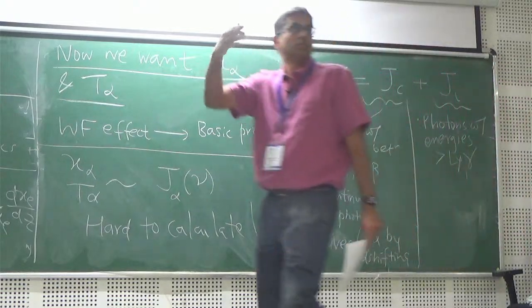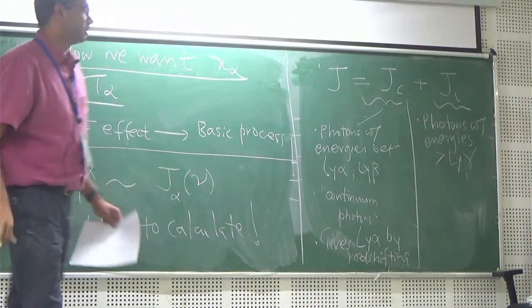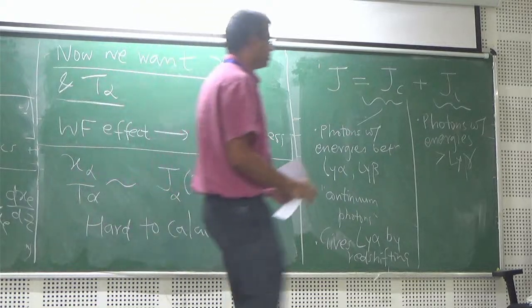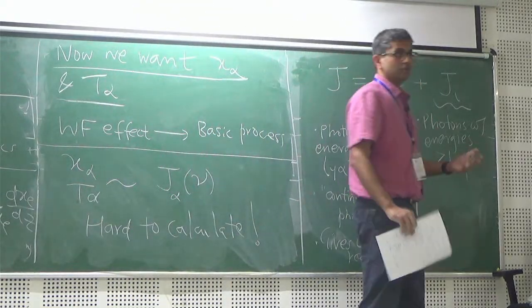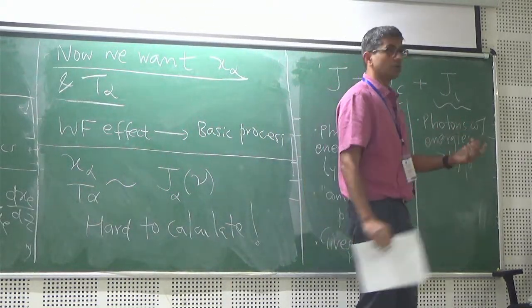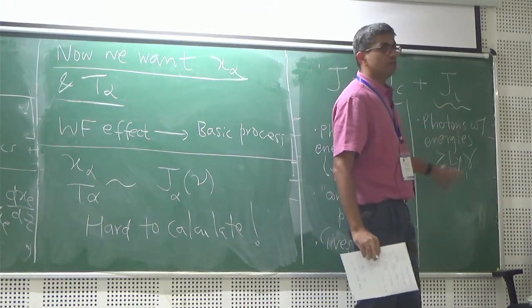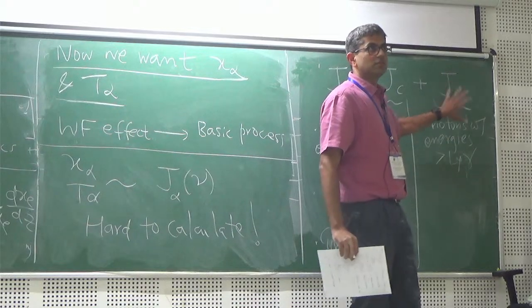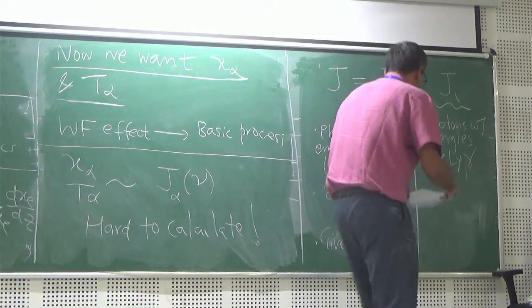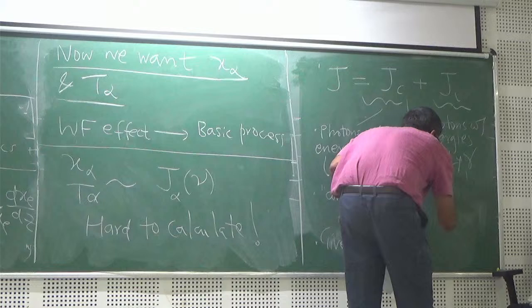I think someone asked a question in Kanan's lecture, what happens to these photons? Kanan said those photons do matter, and he is going to discuss them in his lecture tomorrow or later today. But that term is this Ji. These are not continuum photons, these are injected photons.